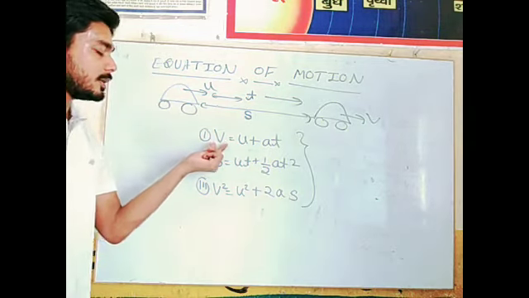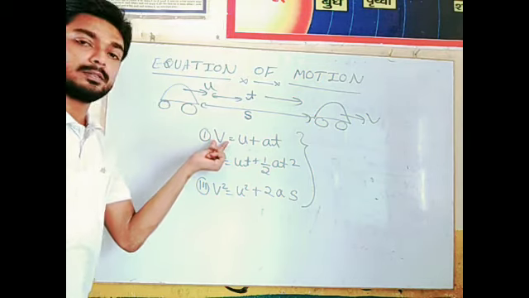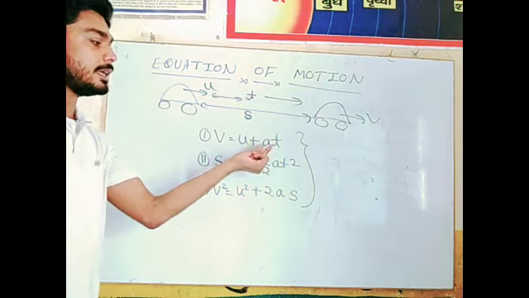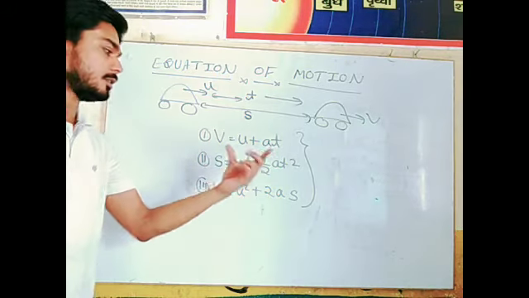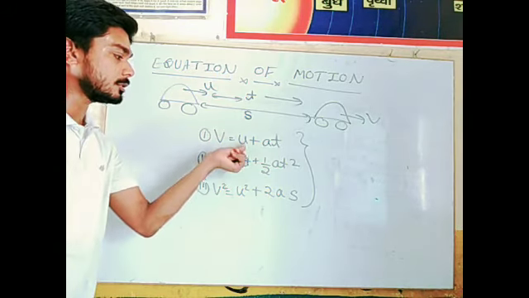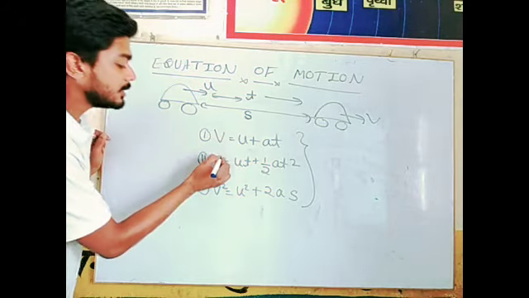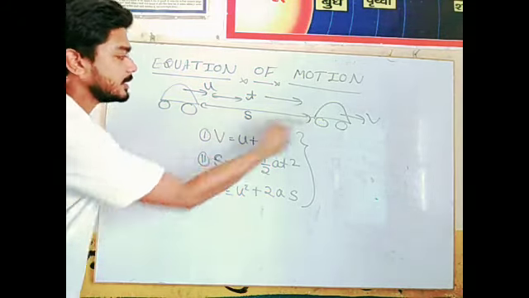Here the meaning of symbols: v is the final velocity, u is the initial velocity, t is the time taken, and a is the acceleration. We have discussed these terms in our previous topic. Again, s is the displacement.